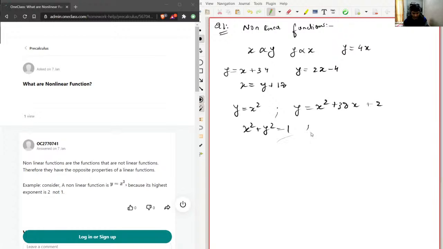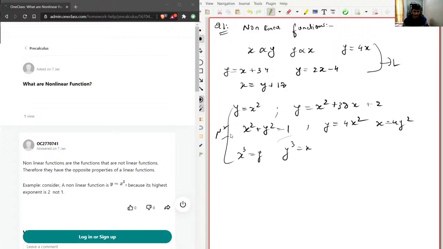The equation of a parabola, y equal to 4x square, or x equal to 4y square, is also nonlinear because the power should be 1, but here in this case the power is 2. We can also write the cubic function, x cube equal to y, or y cube equal to x. These kinds of functions are nonlinear, and these kinds of functions are linear.